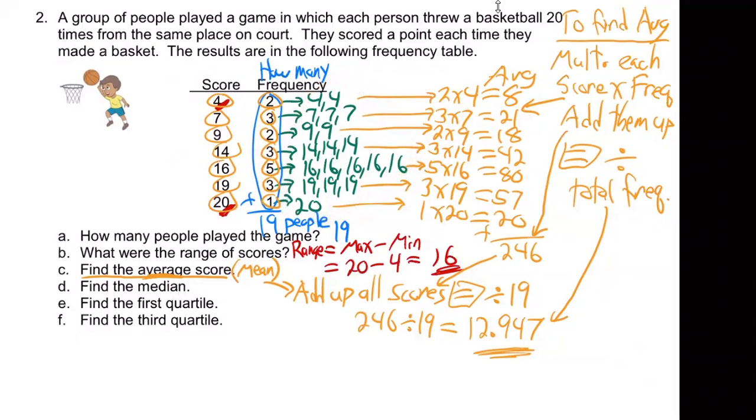The quick way to add all these numbers up is just to multiply, right? So we just multiplied each score times the frequency over here, and then added them all up and divided by 19, because that was the total of all the frequencies. That's the total number of scores, total number of people. You good there?